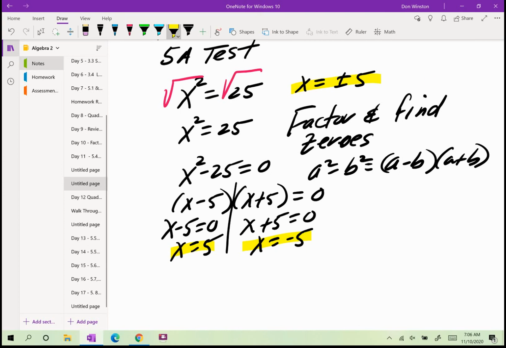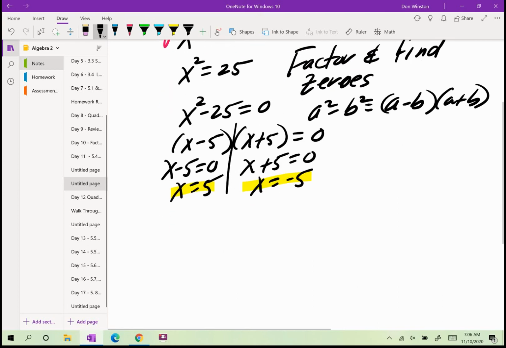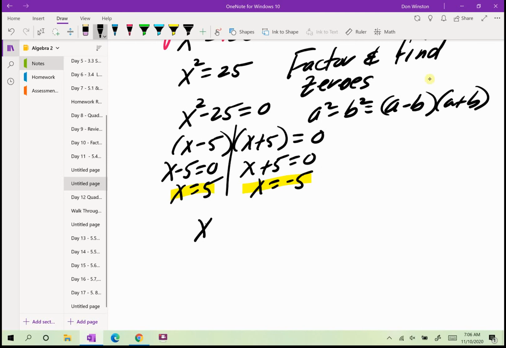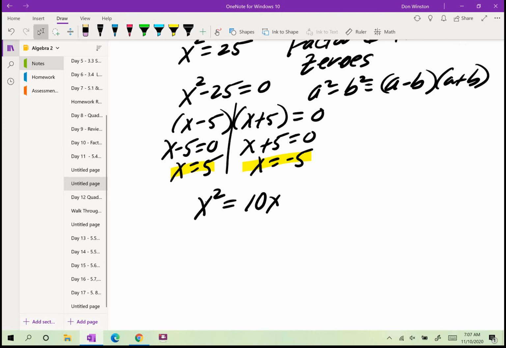Very important. Likewise, if you had something like x squared equals 10x, and you want to factor and find the zeros, you want to make one side equal to 0. So I would subtract 10x: x squared minus 10x equals 0.